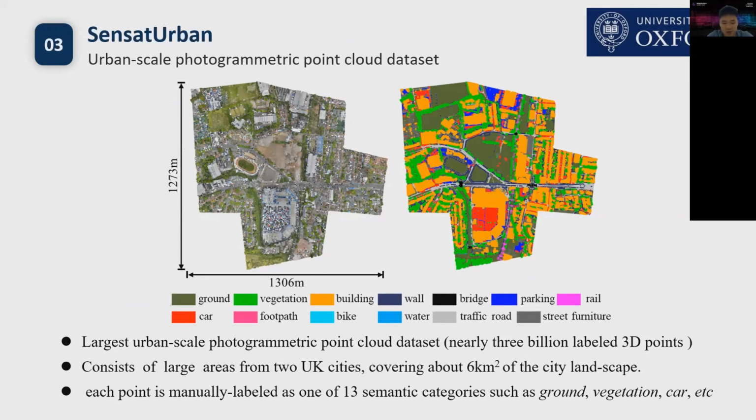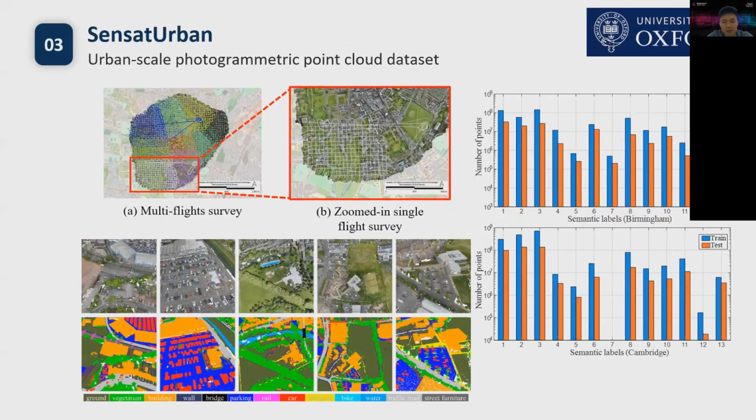And each point is manually labeled as one of 13 semantic categories, such as ground, vegetation, and car. And here are some figures from our dataset, and also the class distribution, and also how we collected the data. And we also want to hold a competition based on the dataset.